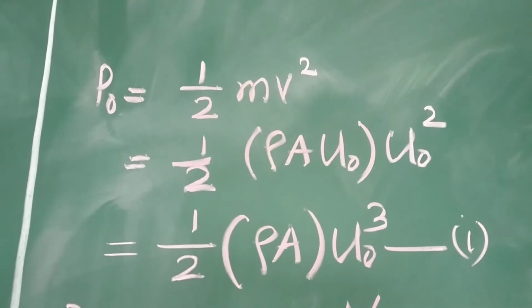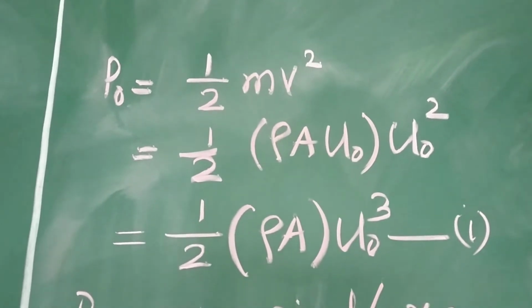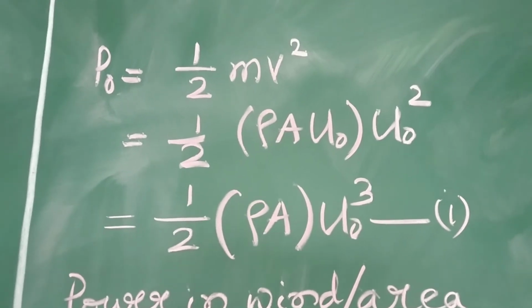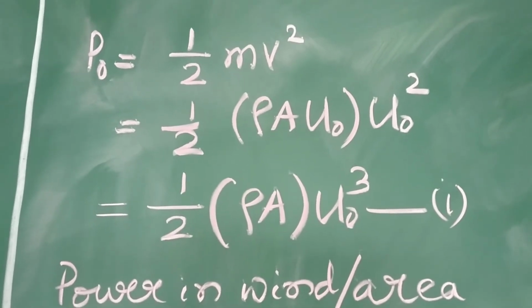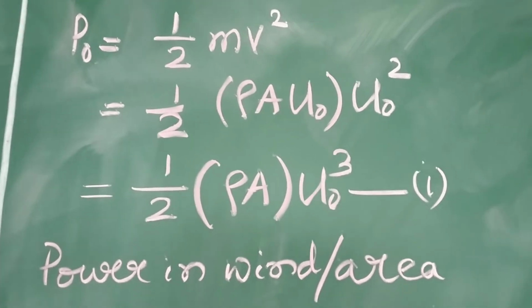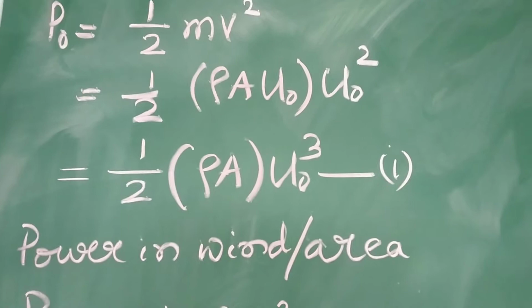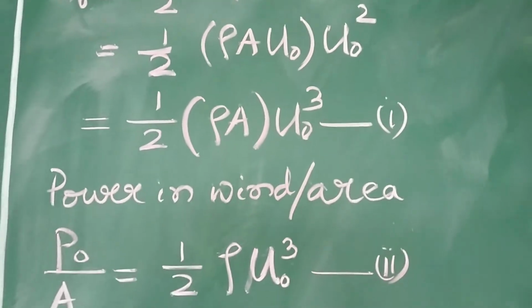Therefore, P naught equals half m v square. Substitute for the value of m, rho A U naught, and you get half into rho A U naught cube. Call this equation number 1.